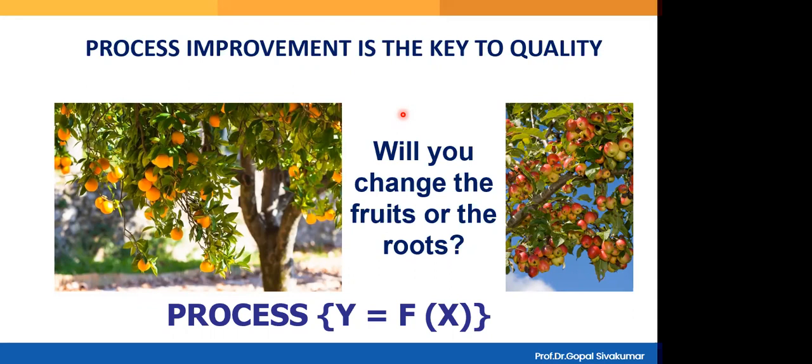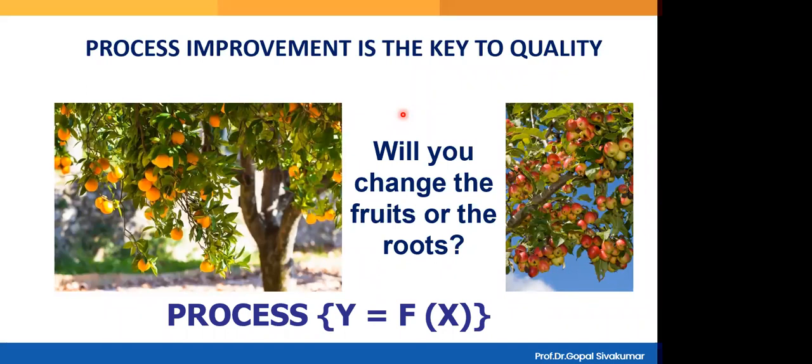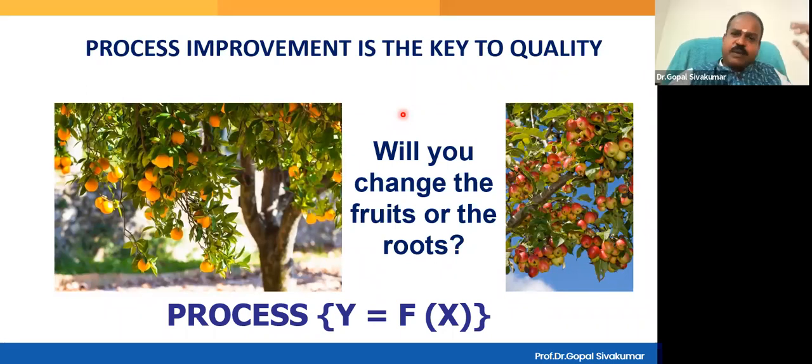In every process there is an output, and so there will be an input. If there is a problem with the output, what is your understanding now? There is a problem in one of the x. Am I correct? Right. There is a problem in one of the x. That is why my output is not as per the requirement. I am seeing a problem in my output simply because I have allowed a problem to happen in one of my x or many of my x.